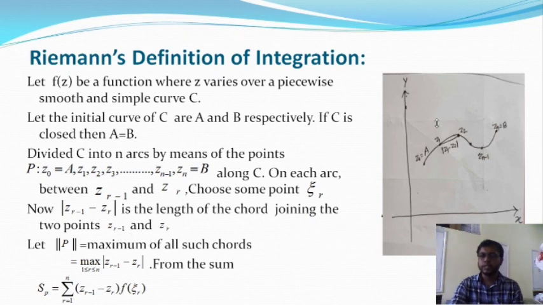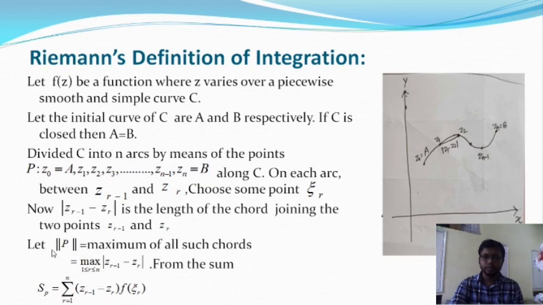So this is the length of any chord. If we take r equal to 1, then it will be z1 minus z0. Similarly, if we put r equal to 2, then we will get z2 minus z1. These are all the lengths of the chords, and these lengths are not equal because the points are not divided into n equal parts.